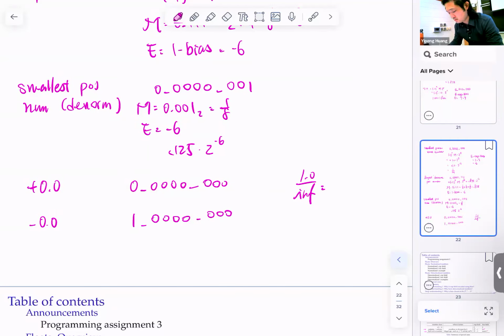Well, it approaches 0, but from what side? The right side. So 1.0 divided by infinity approaches 0 from the positive side, so that approaches positive 0. What about negative 1.0 divided by infinity? This will be encoded as negative 0, approaching 0 from the left side.